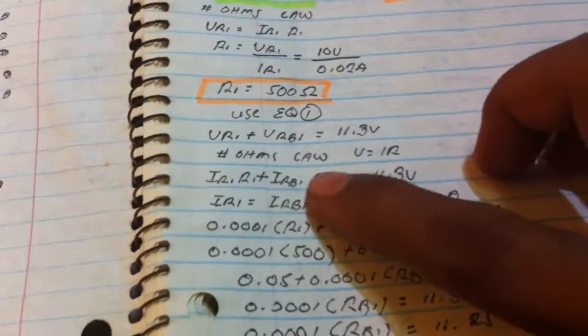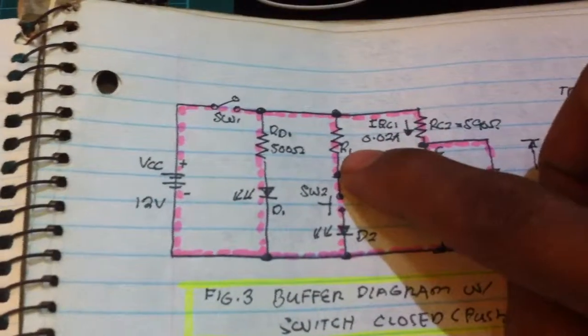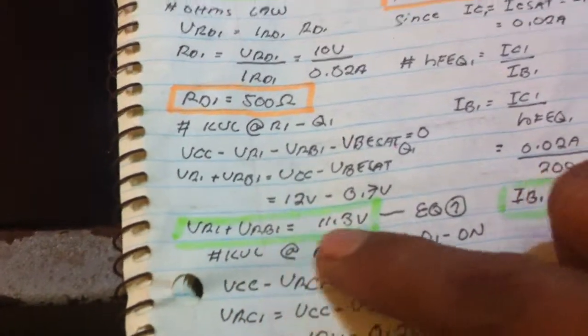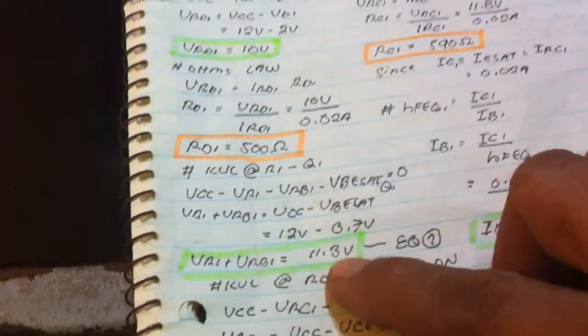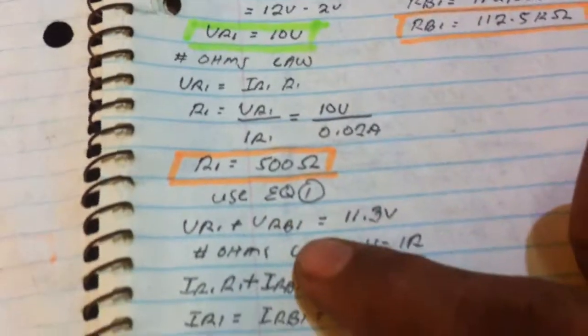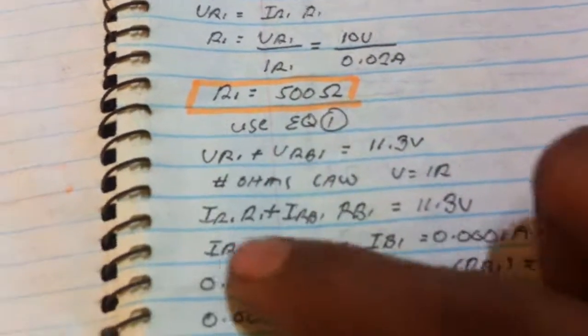And then, since we know now the value of R1, 500 ohms, we use the previous equation, during this state when the current flows into the base, RB1, 11.3 volts.